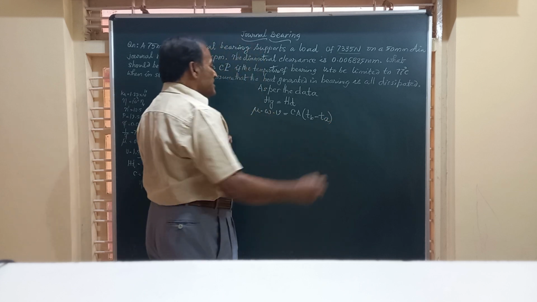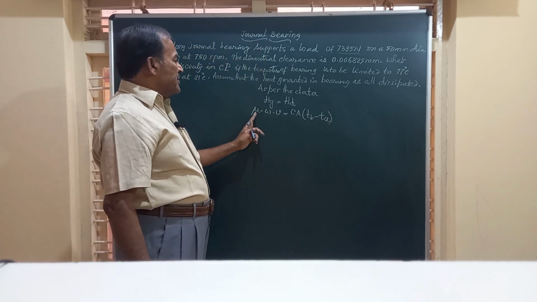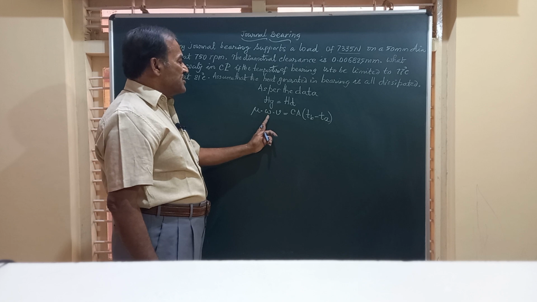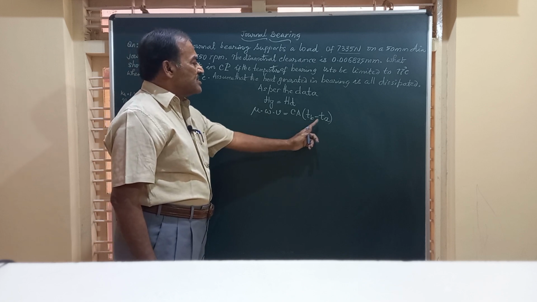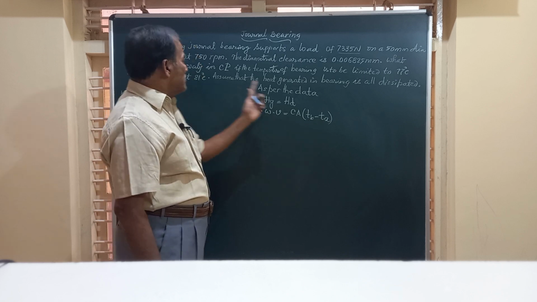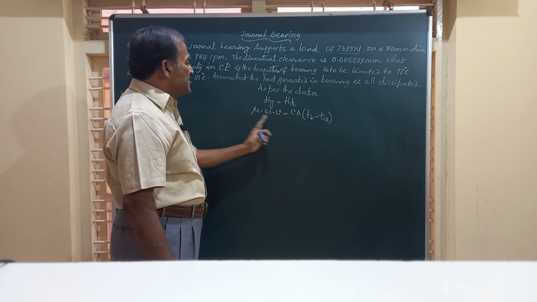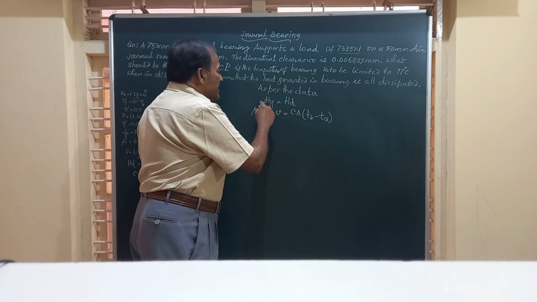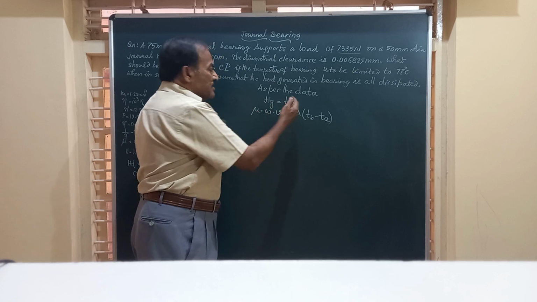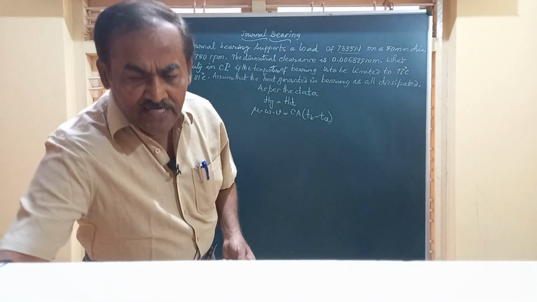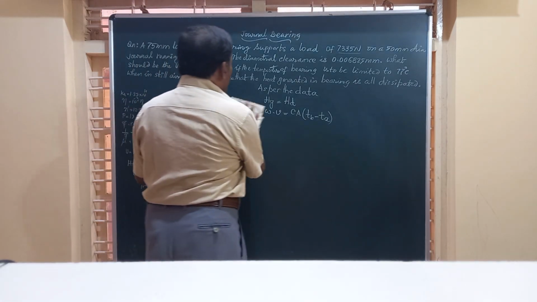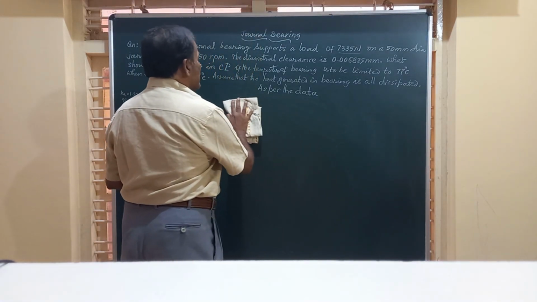So these are the equalities. We'll have to find out these terms separately. Load is given, bearing temperature is given, ambient room temperature is also given as 21 degrees. So we have to equate these two. We will calculate Hg separately, Hd separately.